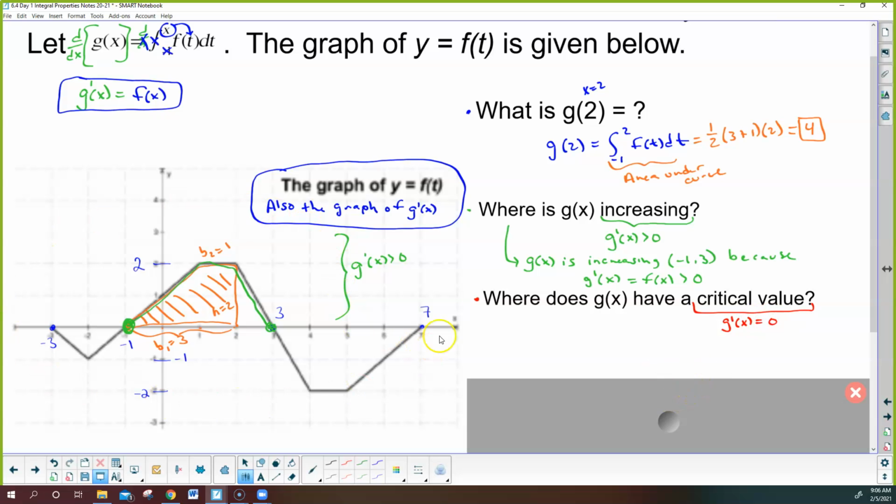And since this is the graph of the derivative, notice this point right here, this point right here, this point right here, and this point right here. Those are all spots where I cross the x-axis, which is the derivative being 0. So my answers are right there.